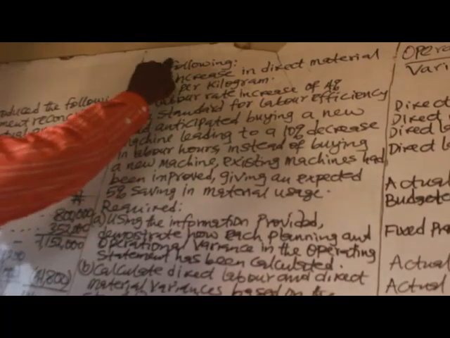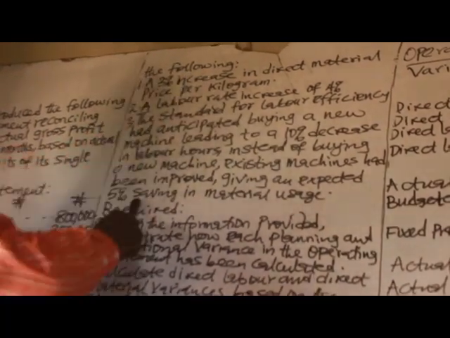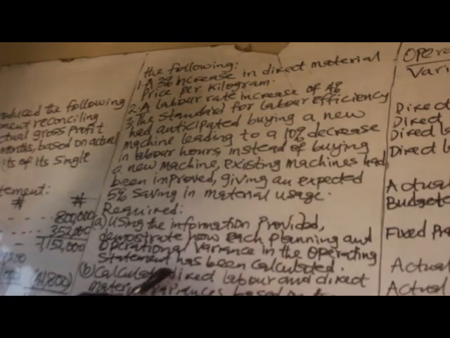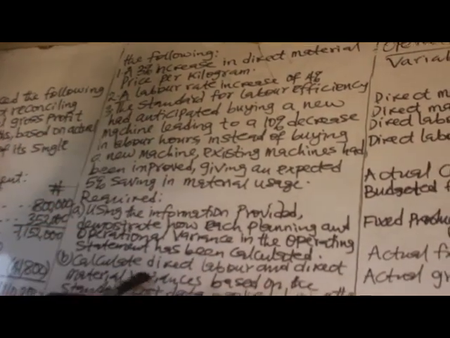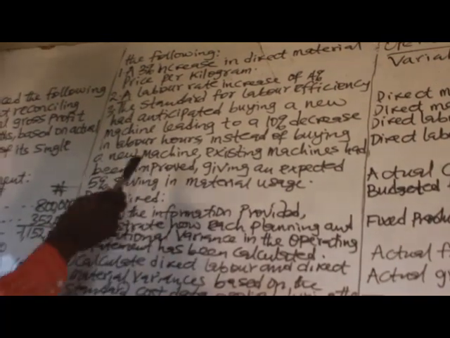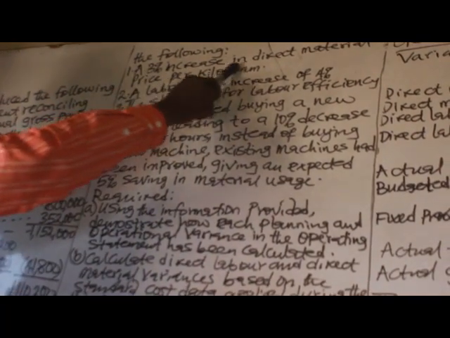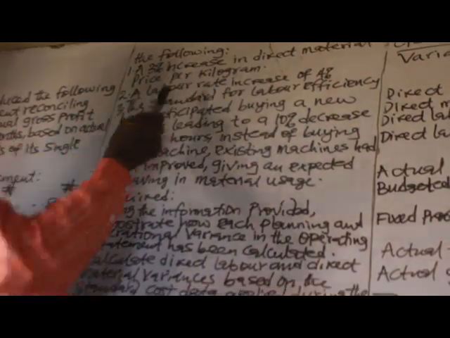When you revise it, the new standard formed is called ex post. Now, a 3% increase in direct material price per kilogram.